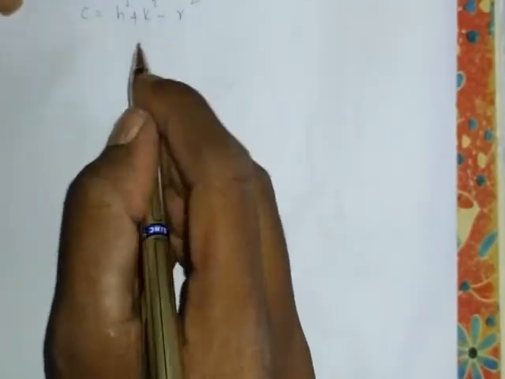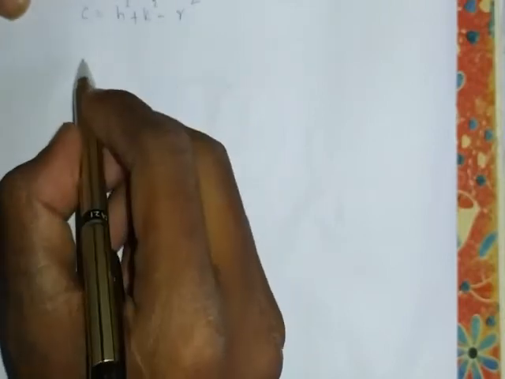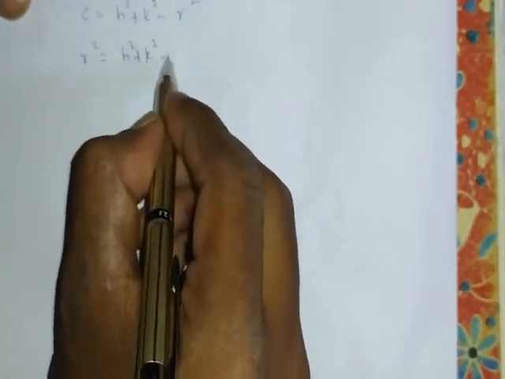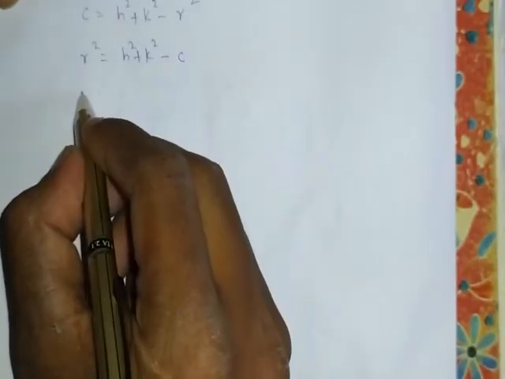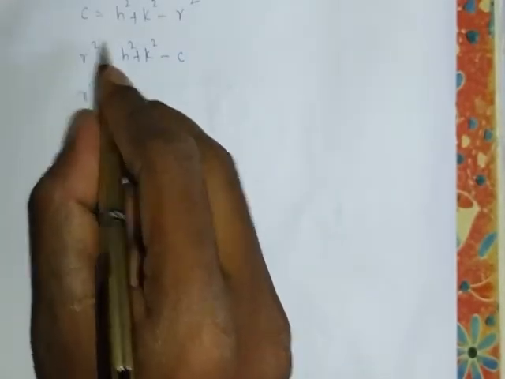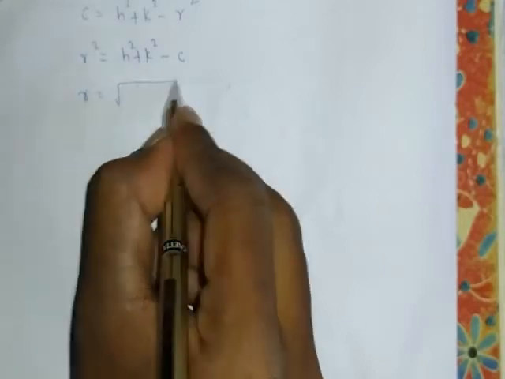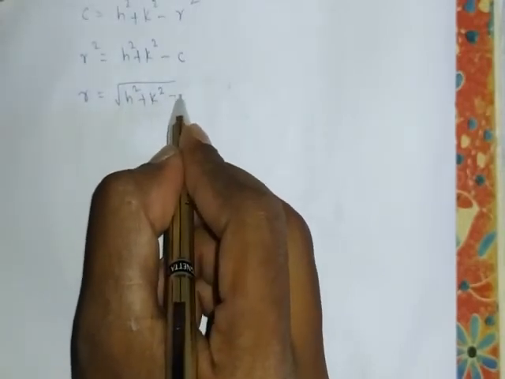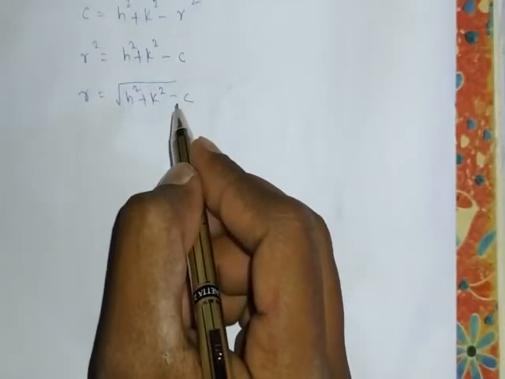And if we want the value of r, taking r to one side, r square is equal to h square plus k square minus c.